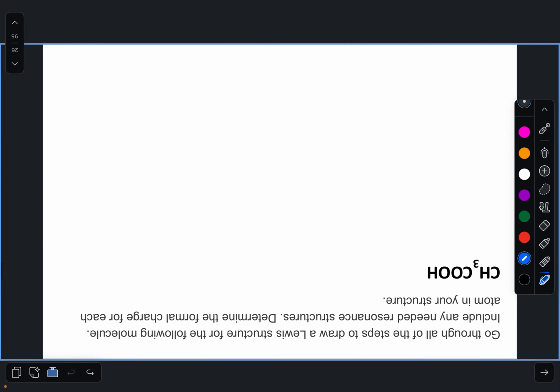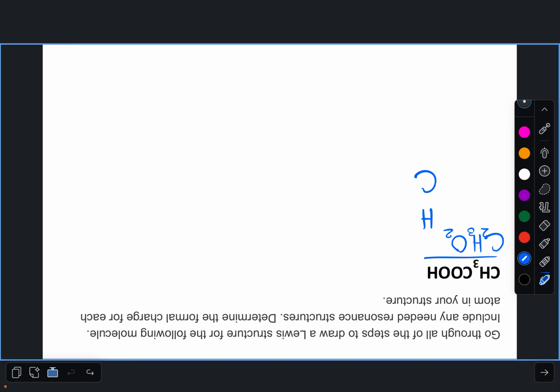Next one. This is acetic acid. If you guys remember when we wrote the acetate ion, we would often write C2H3O2. Same thing. It's just we're condensing all the atoms together. The reason we sometimes write it like this is to hint at what the structure looks like.